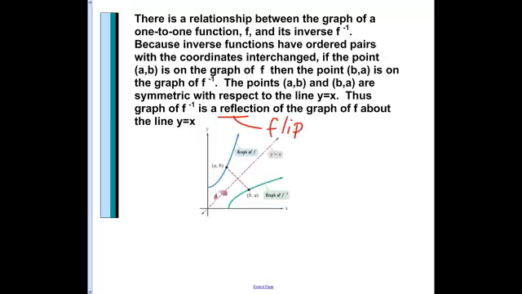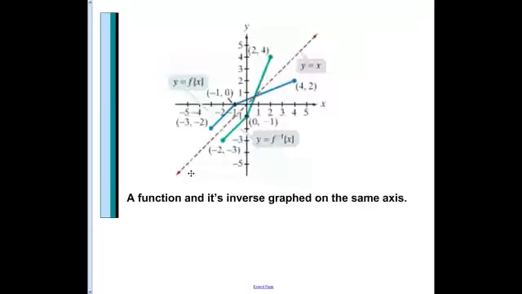We flip the graph, and we actually create a line through the origin point, and we flip it because it's symmetrical about that line. So here we see the graph of f of x, and we see the graph of the inverse function there, and we see the symmetry graph here. If we apply the horizontal line test, we know this is a one-to-one function, so we know that this does have an inverse function.